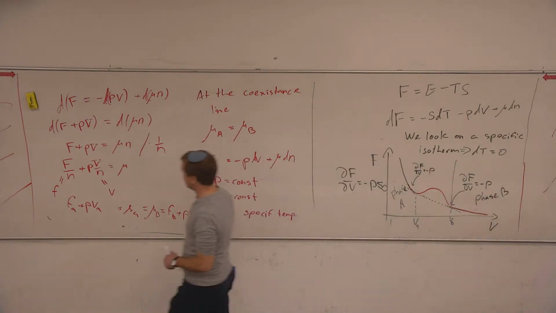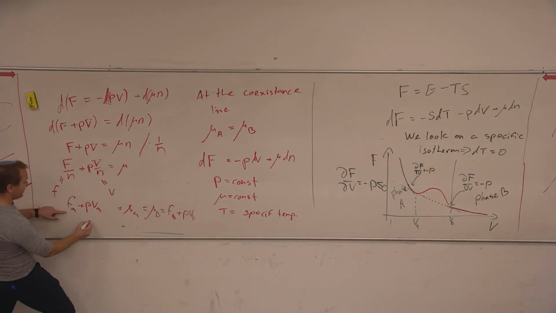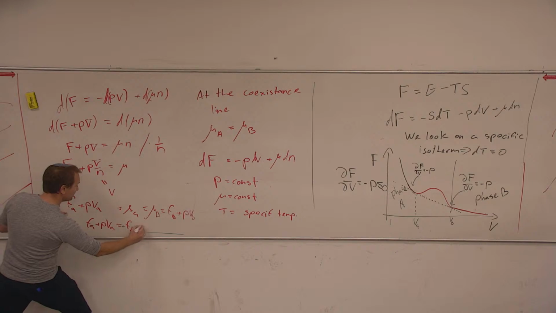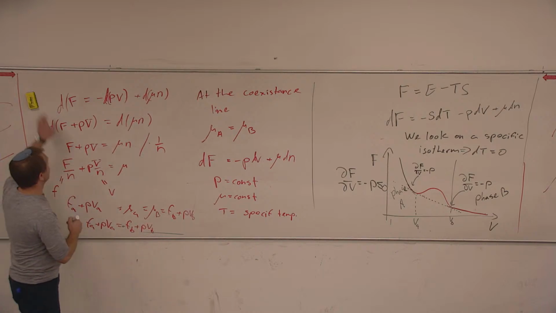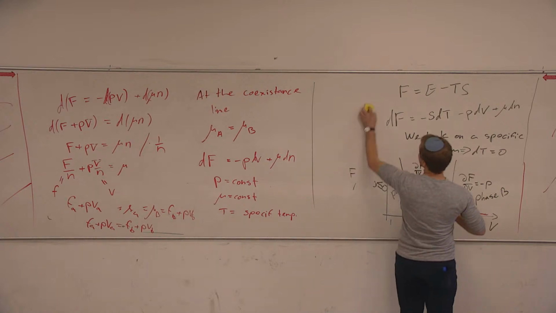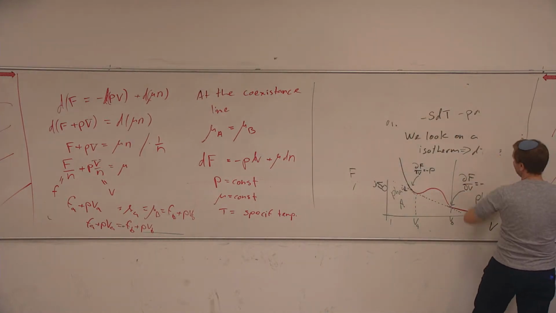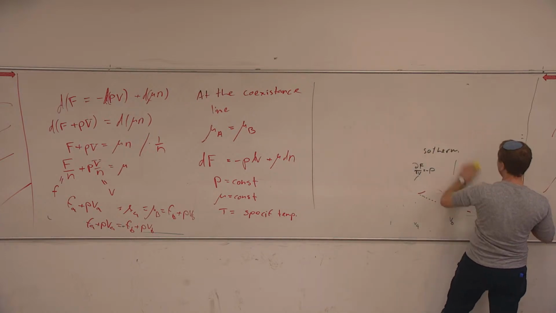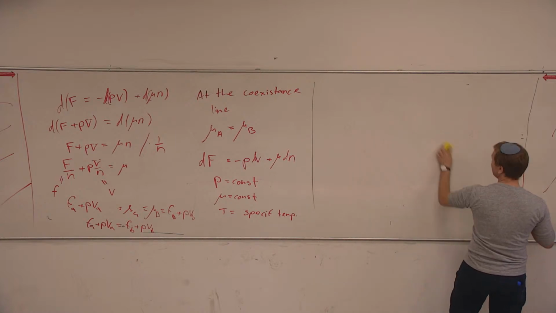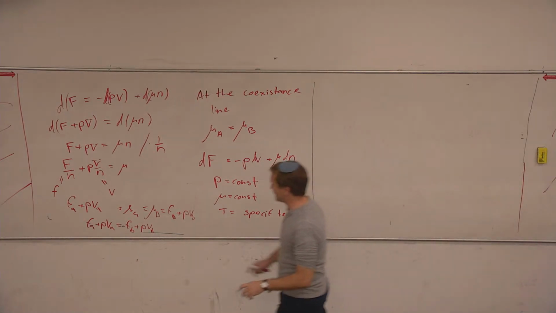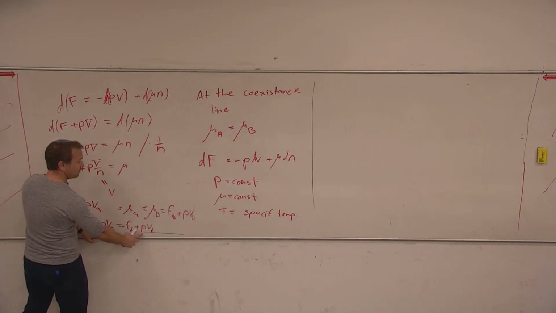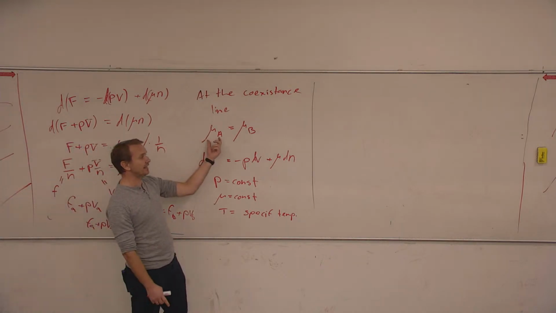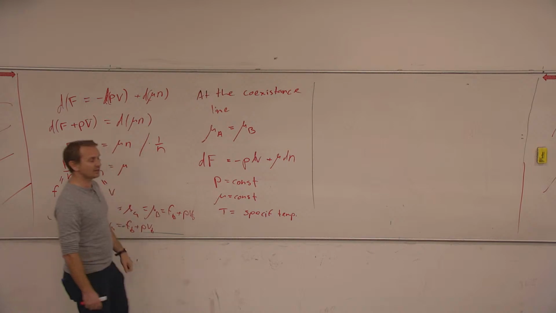Then I can compare fA plus P vA equals fB plus P vB. So what's going on over here? I can extract out of this the P at the phase transition. I'm saying at the coexistence line, at the phase transition, the chemical potentials are exactly the same.